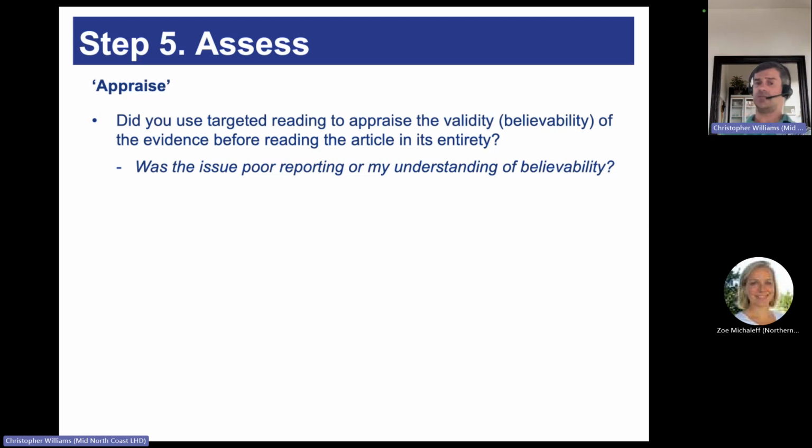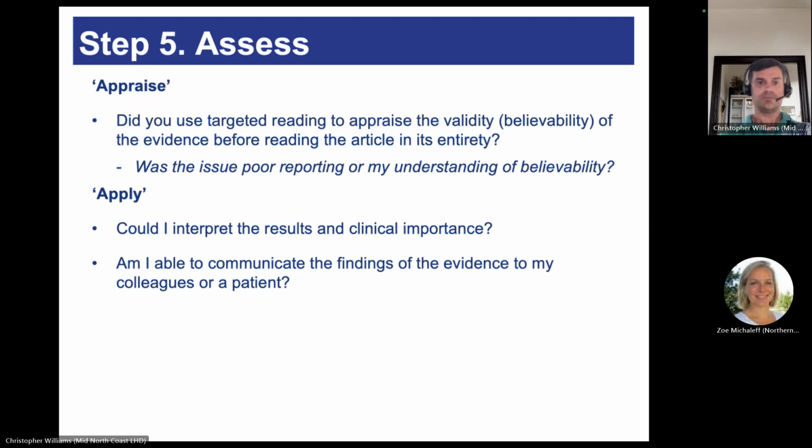And you can use some reporting frameworks or guidance frameworks to help you decide on the believability of a study. But touching on this issue again around poor reporting, you might not be able to decide on whether the study is believable or not based on how well those attributes of the study are reported.